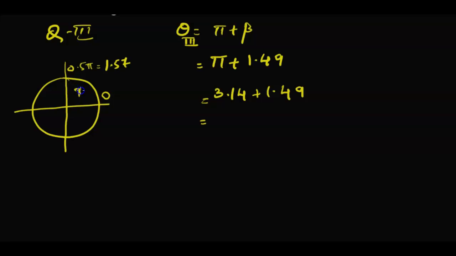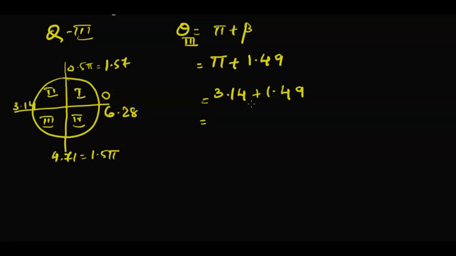So the first quadrant range is 0 to 1.57 in decimals. Second quadrant range is 1.57 to 3.14. Third quadrant range is 3.14 to 4.71. And the fourth quadrant range is 4.71 to 6.28, that is equal to 2 pi.